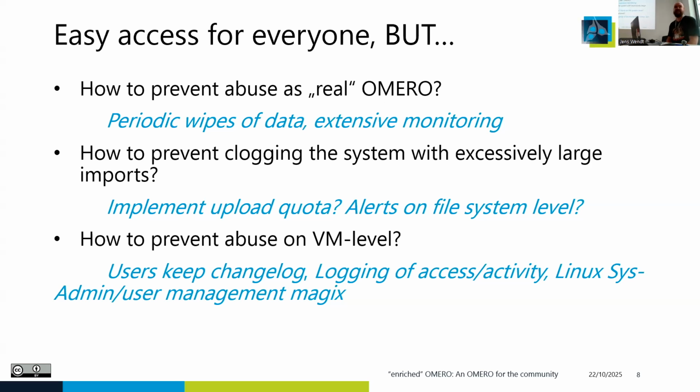If people have SSH access there, how to prevent people crypto mining the hell out of the instance. So keep a changelog and do some Linux sysadmin user management magic that I'm not super familiar with. So we would still have to figure out a way to do this properly.